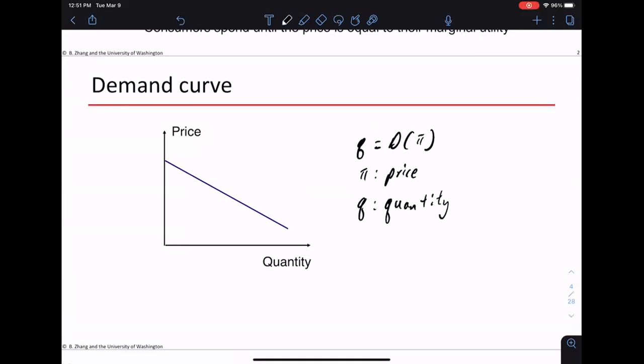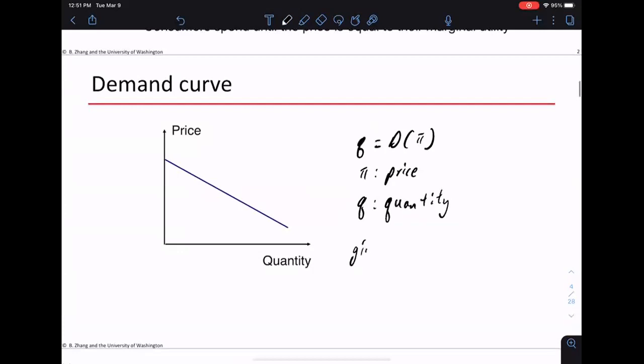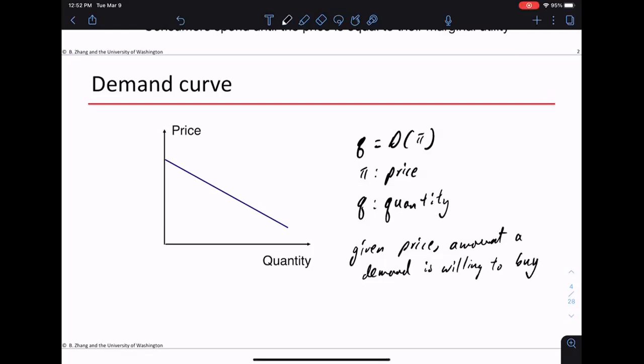You interpret this as, at a given price, the amount that you're willing to buy. This is what the demand curve is.